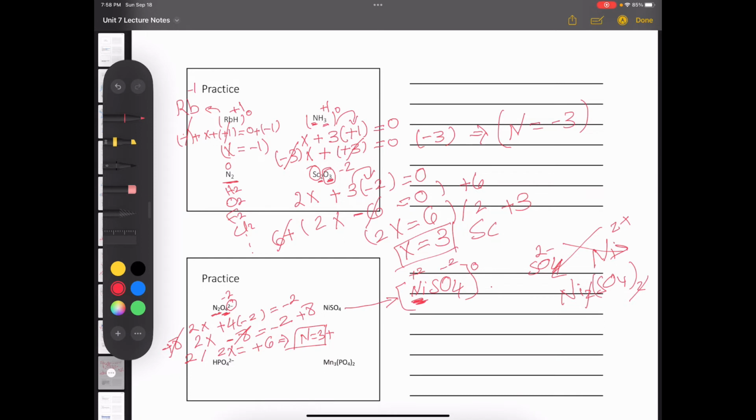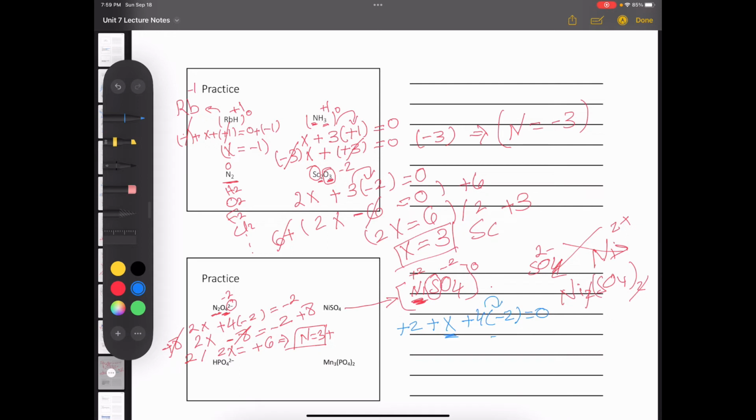Okay, so what we're trying to figure out is the oxidation number for the sulfur. All right, let's do that together. So for the nickel, that would be a +2. For the sulfur, that's our unknown, plus 4 times -2, all equals to 0. Now I'm trying to solve for x.